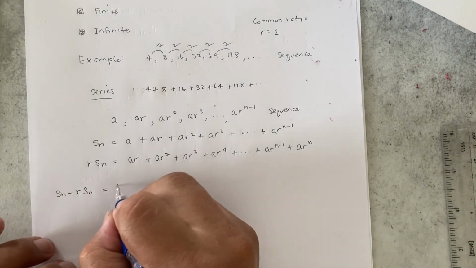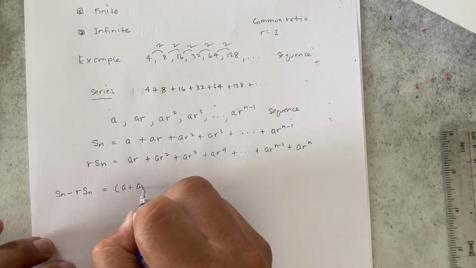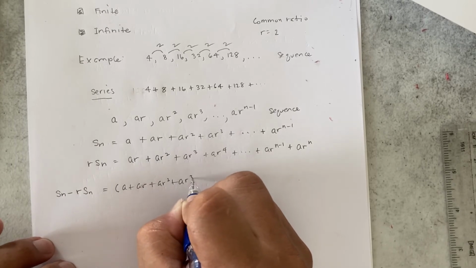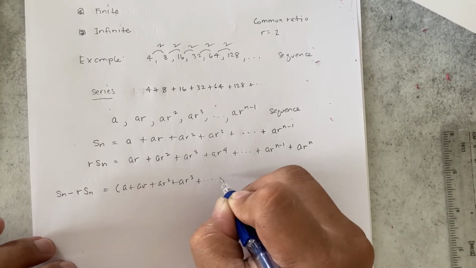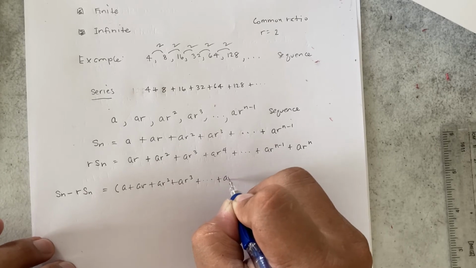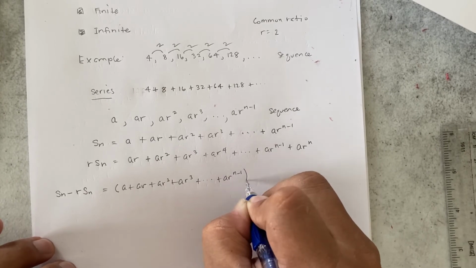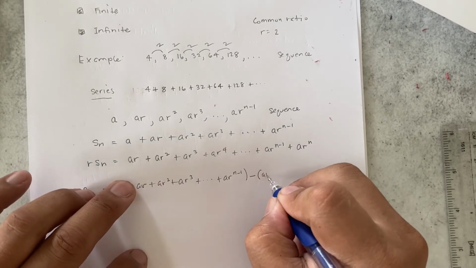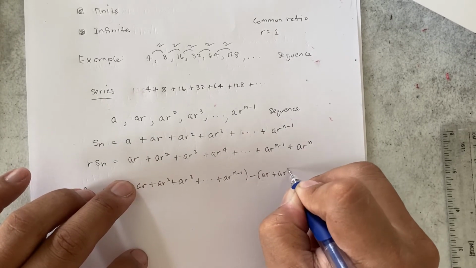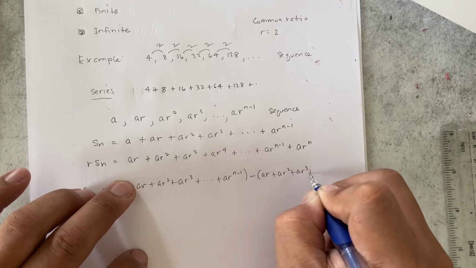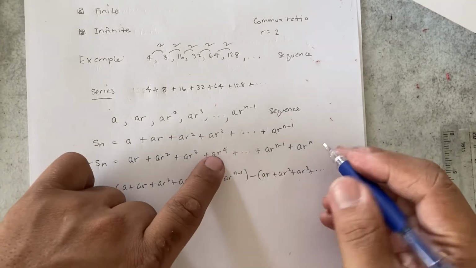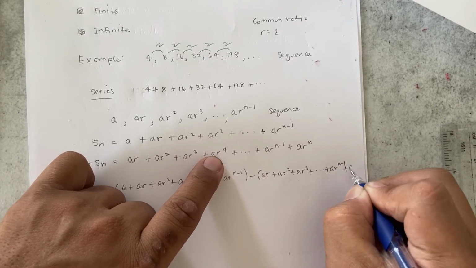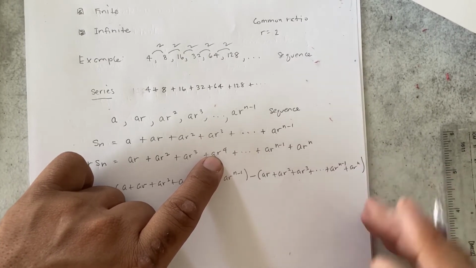So the left side is S sub n minus r S sub n, equals a plus ar plus ar squared plus ar cubed plus dot dot dot plus ar to the n minus 1, minus, and I'm going to write this here just for completeness, dot dot dot, I didn't write this in but it's in there, ar to the n minus 1 plus ar to the n.